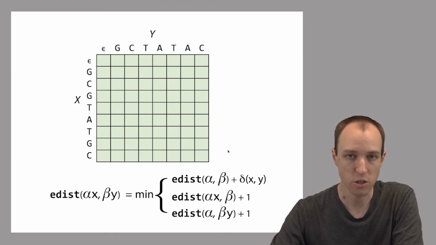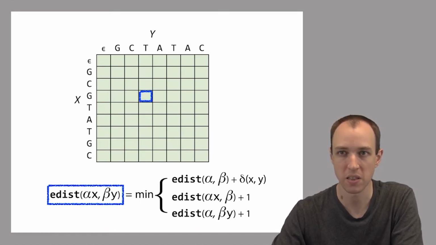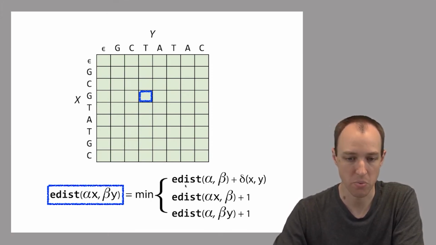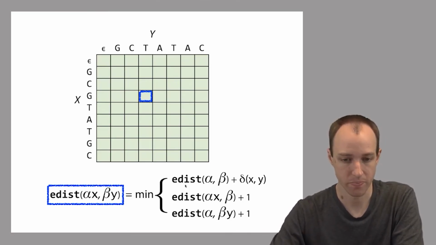So let's think about how to use this expression to fill in a particular element of the matrix. So let's pick an element. Let's pick this element right here, the one highlighted in blue. In this expression, the three cases, these three things that we're taking the minimum of, the three terms, correspond to three other elements of the matrix.